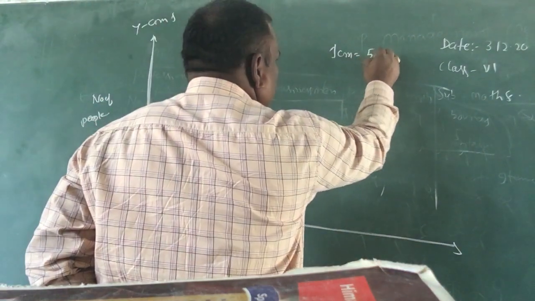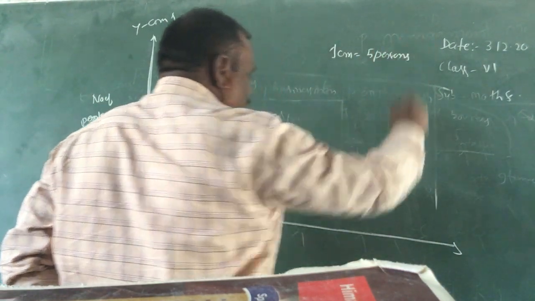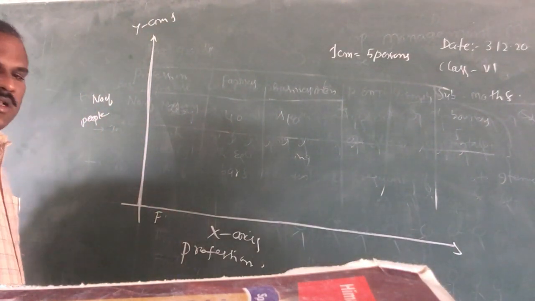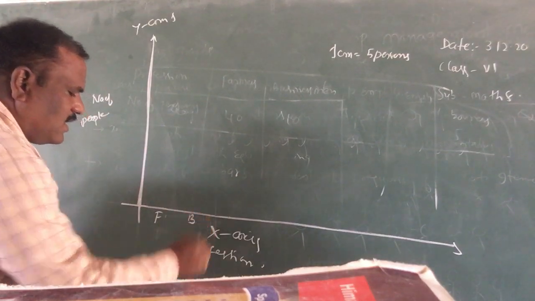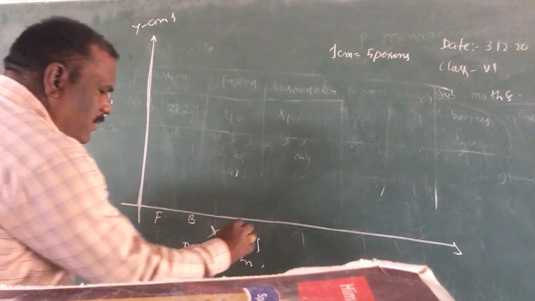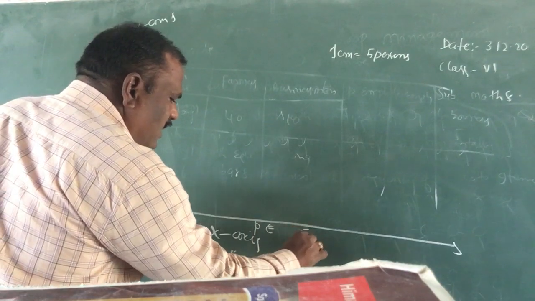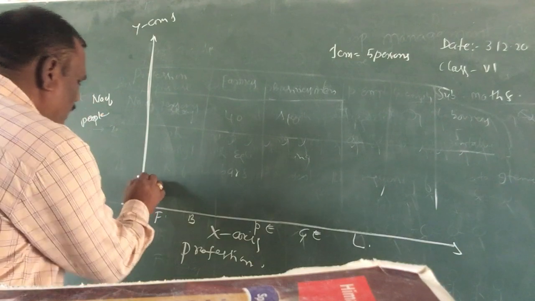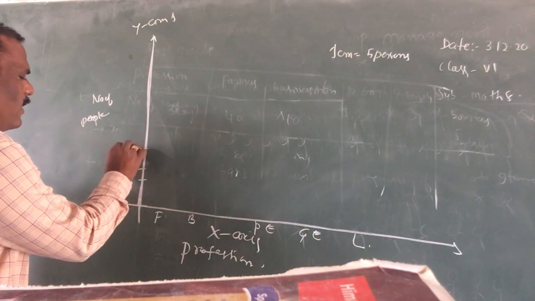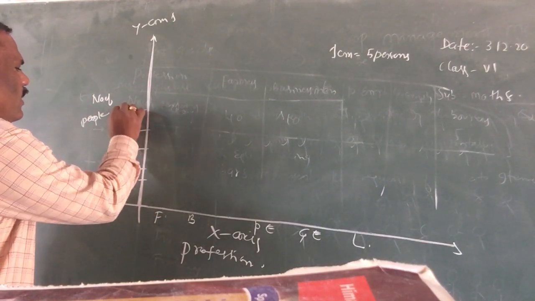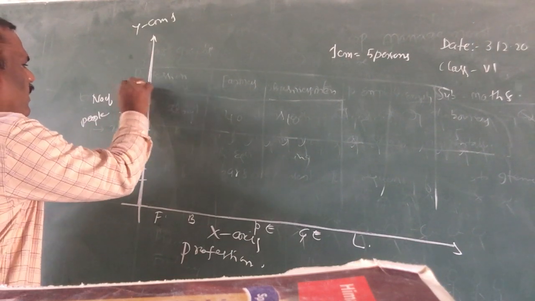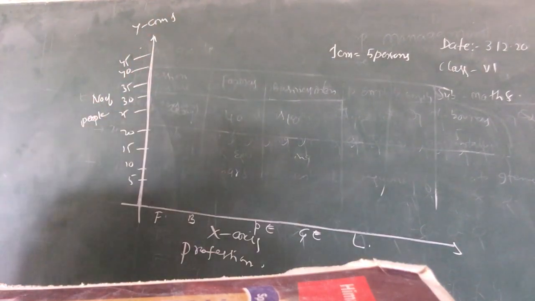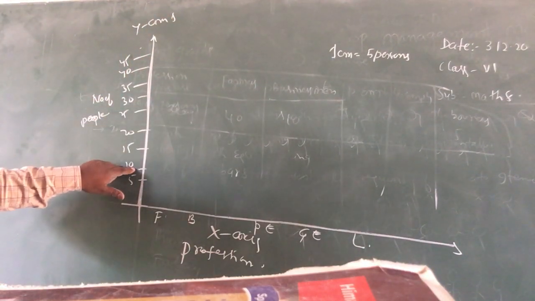Now, first farmers, next businessmen, B for businessmen, next PE private employees, next GE government employees, and next laborer, L for laborer. So we have 5, 10, 15, 20, 25, 30, 35, 40, 45, and so on, because 1 centimeter equals 5 persons.